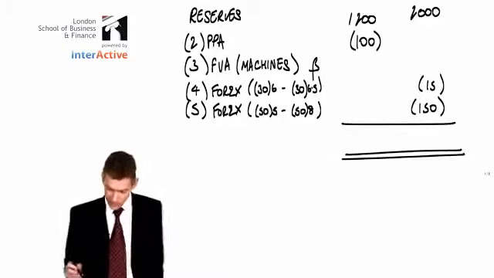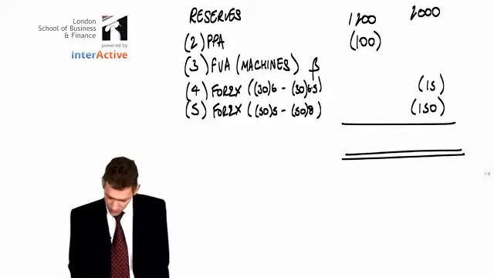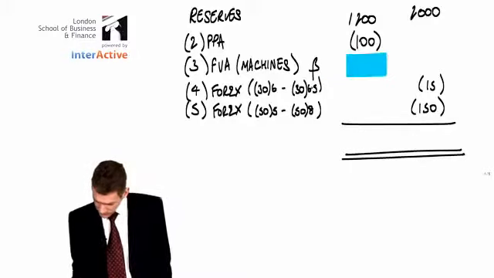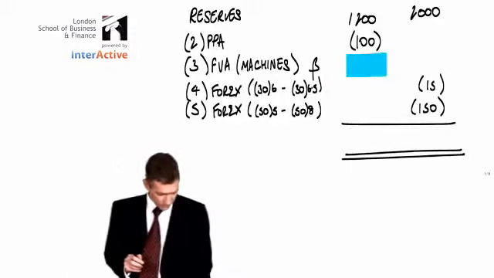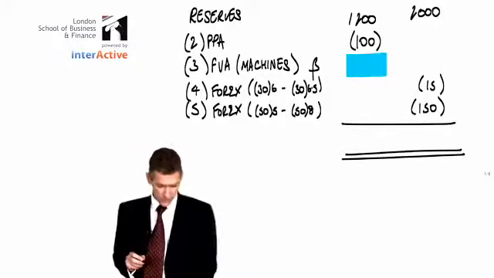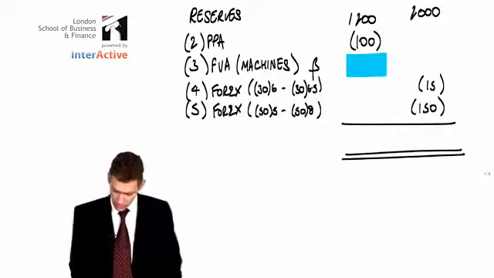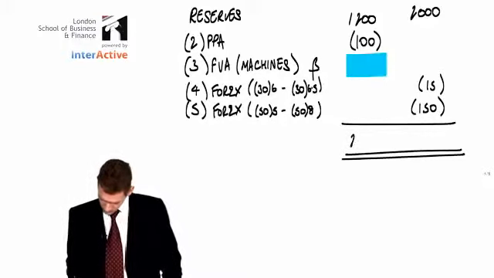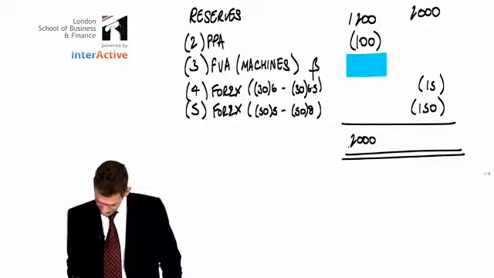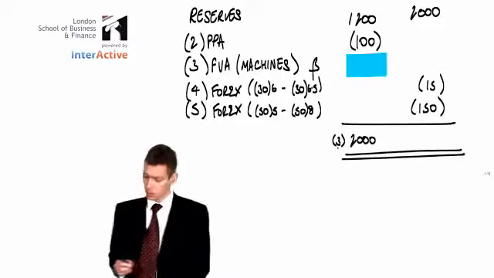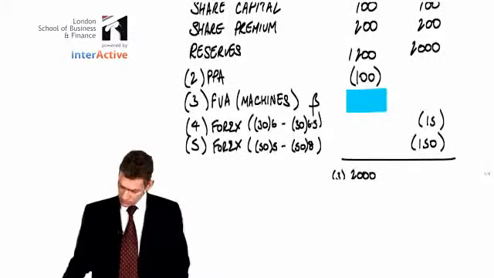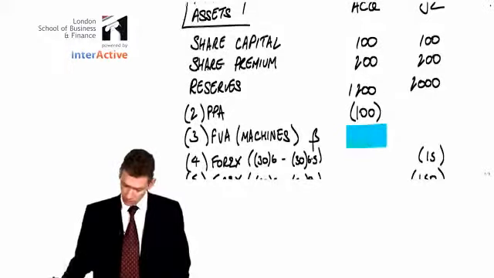But going back to the fair value adjustment on machines, I need this one here, don't I? Now, given in paragraph 3 is the fair value of the entire net assets is 2 billion. So 2 billion is given in paragraph 3. Hopefully you can see that. And then what we do is, I don't know if I can get this all on the screen at any one time, probably not quite.